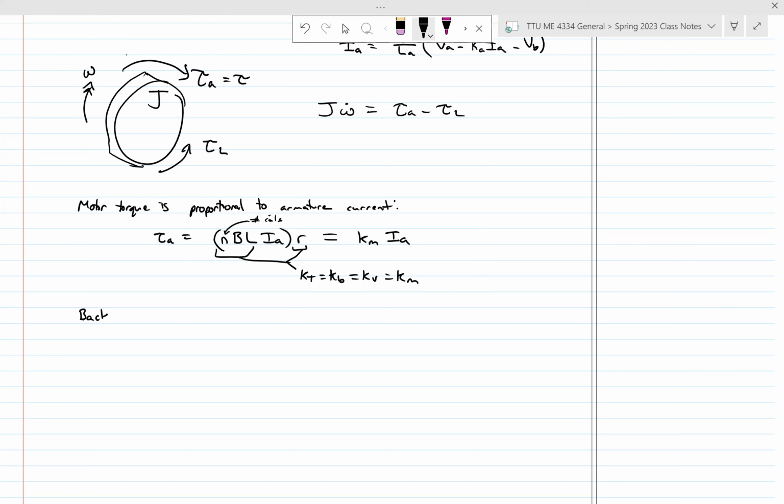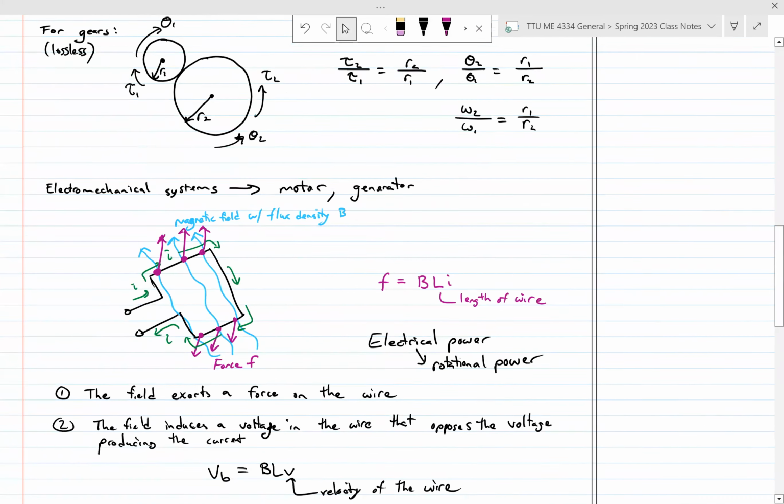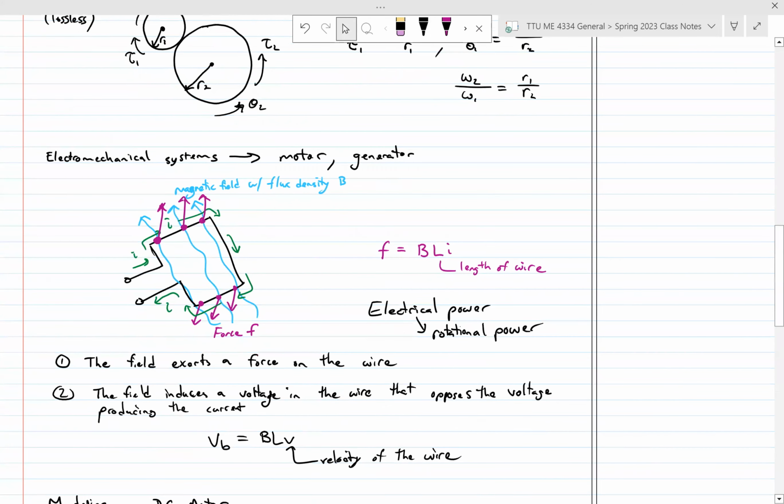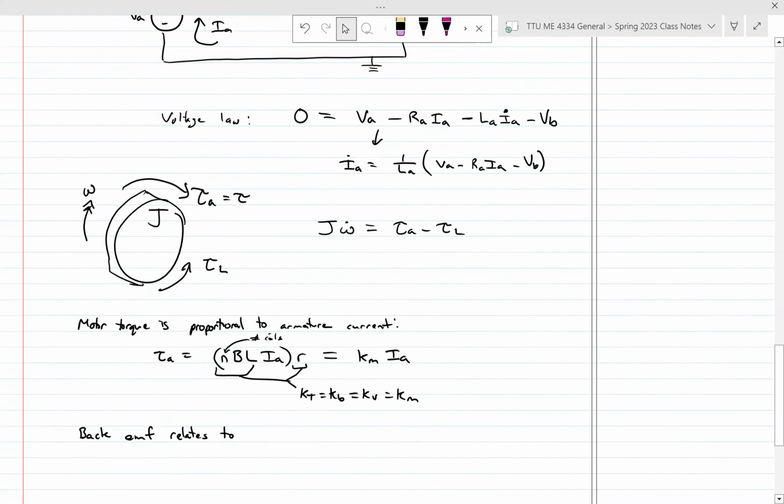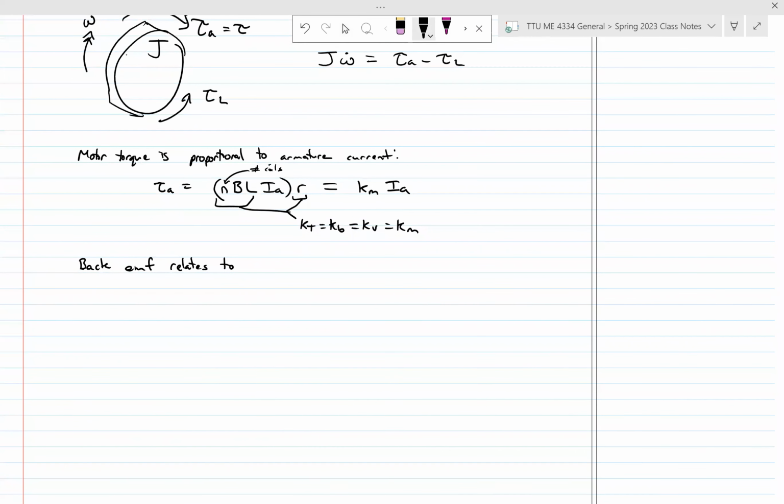Our other half, our back EMF, that back voltage, relates to what? What is that proportional to? A key thing in here that's going to be changing over time. Our velocity, right? So VB, our velocity would be R times omega here.